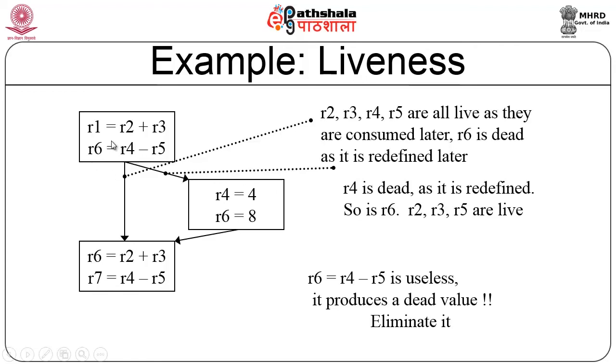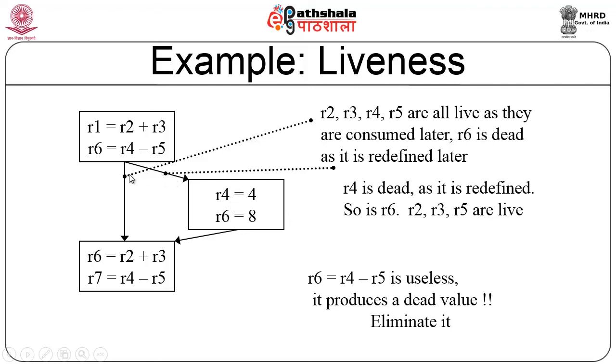So R2, R3, R4, R5 are used here, which means they could be live for the successor blocks also. But R6 is assumed to be dead here as it is redefined later, and R4 is dead as it is redefined here at this point.